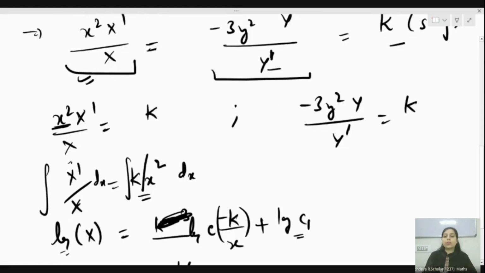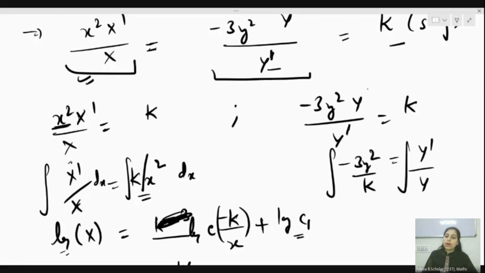Now finding the solution for y, taking Y' to this side and Y to the below, we get minus 3y² upon k. Now integrating both sides, we get log Y is equal to the integration of this, minus y³ upon k plus c2.